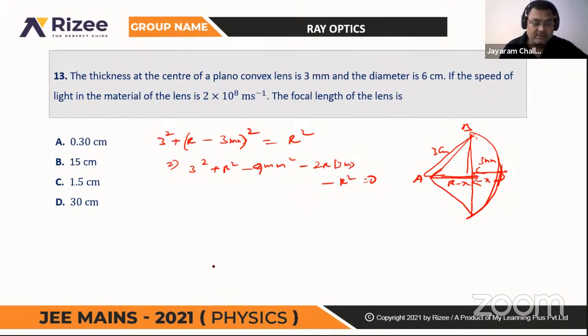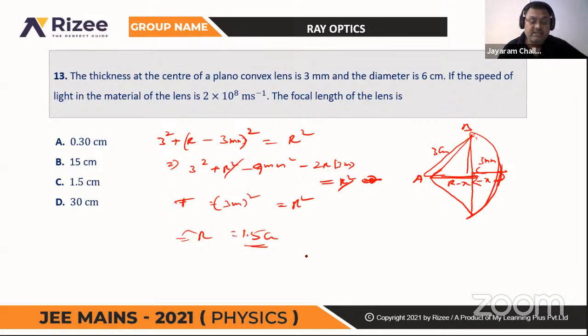Okay, so this is what we are solving. This is equal to the other side. Leave it, no problem. So these terms can be removed here. From this one, thickness T is equal to 3 into 3 mm square is equal to R square. So approximately your radius of curvature comes out to be 1.5 centimeters.